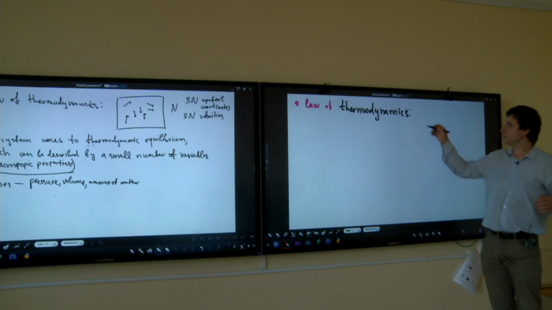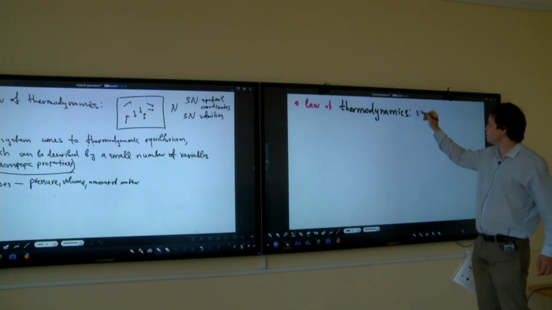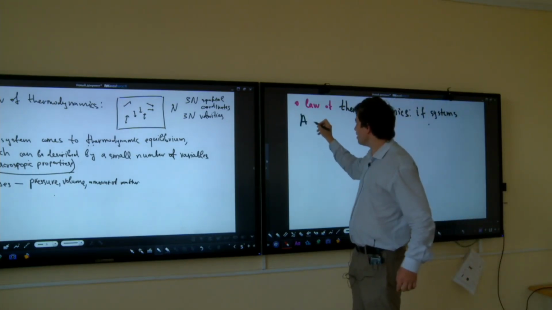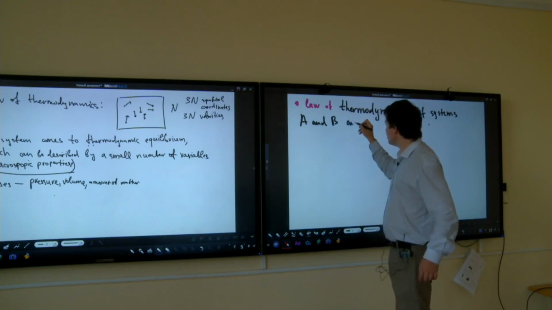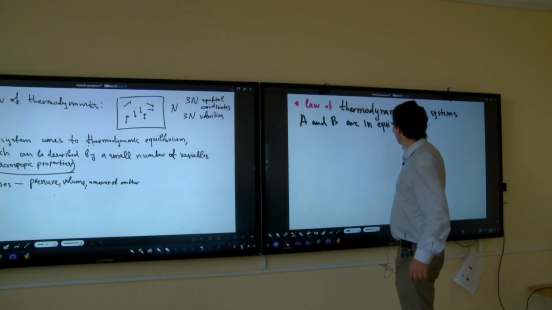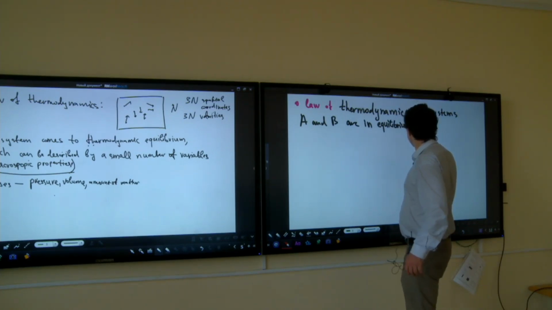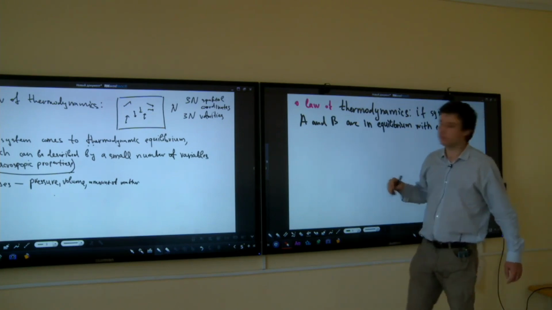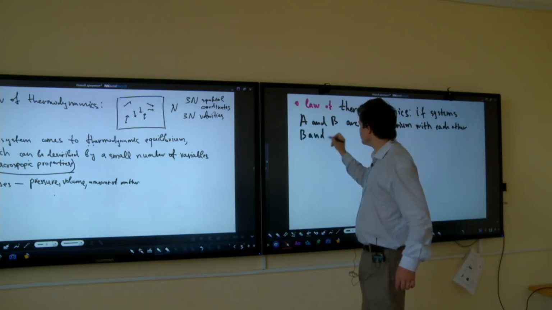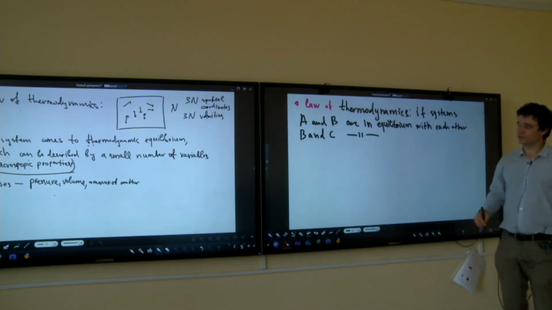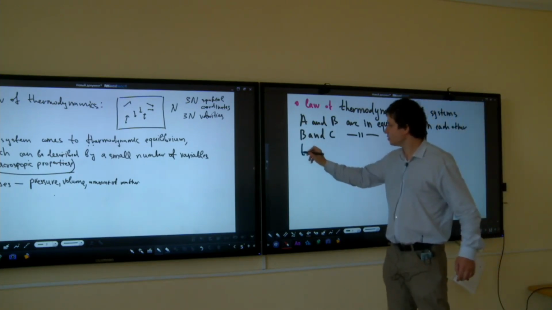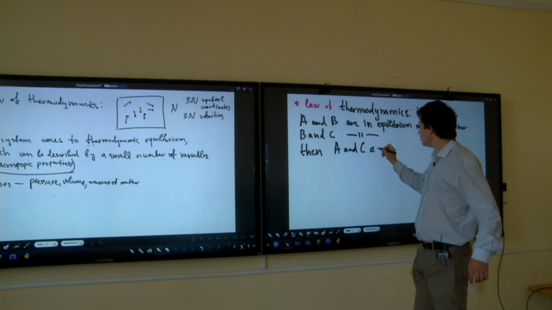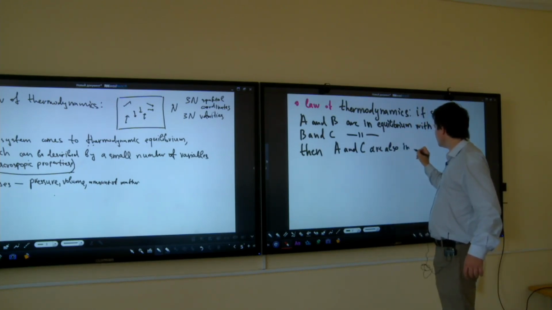If you see this for the first time, it says that if systems A and B are in equilibrium with each other, and the systems B and C, the same stuff, are in equilibrium with each other, then A and C are also in equilibrium with each other.